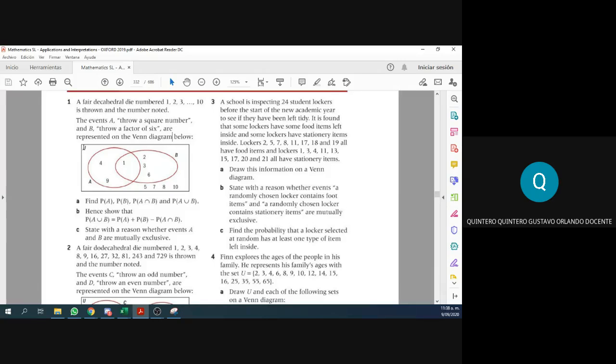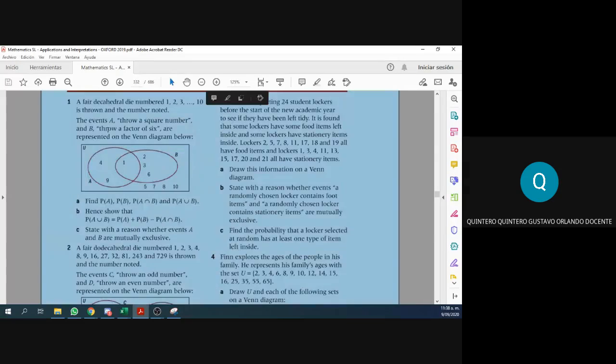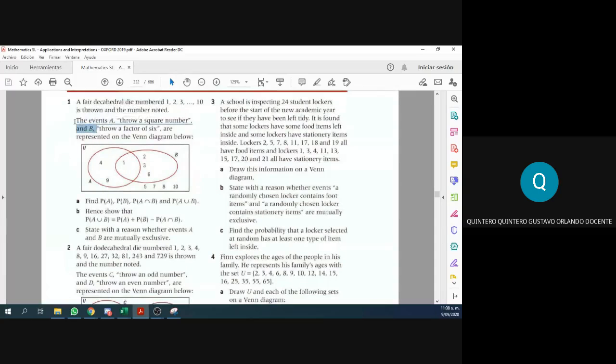So we have our Venn diagram, and in this Venn diagram we have this information presented. We have the events A and B. Here is the event A. Inside the circle of event A are the possibilities. We have 4, that's a square number. 9, that's another square number. And 1, that's another square number.